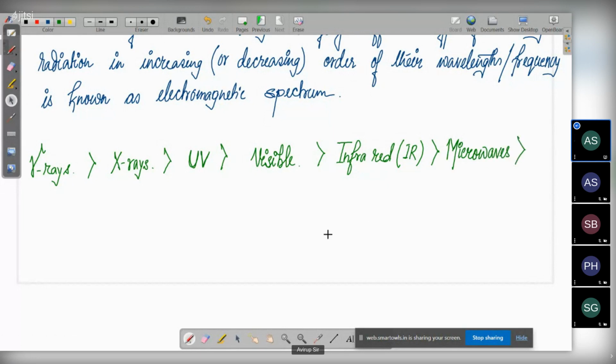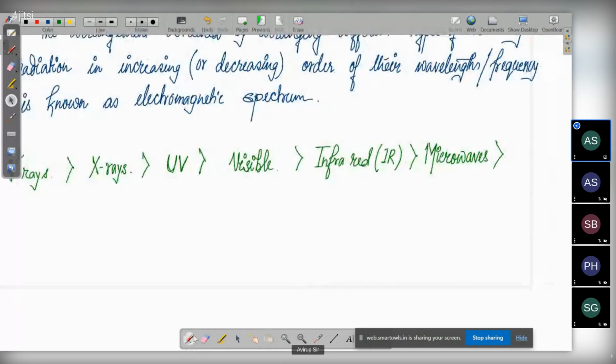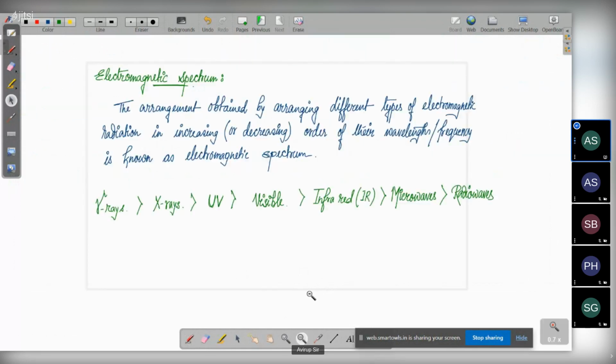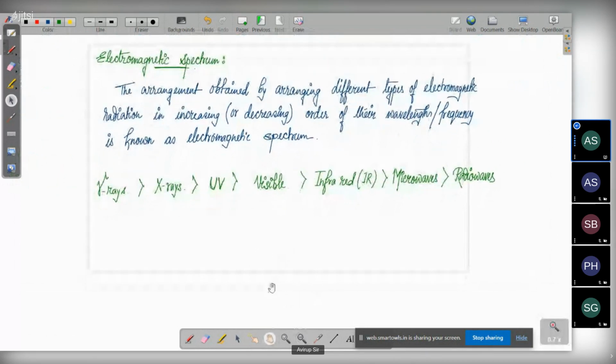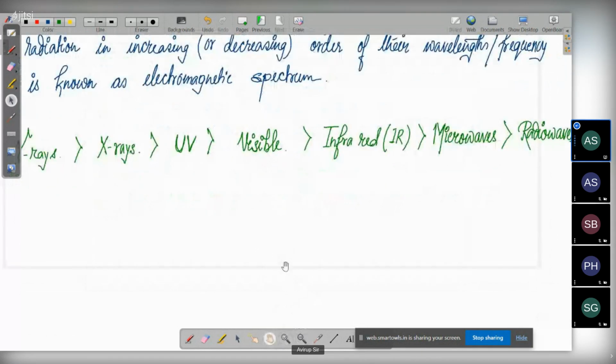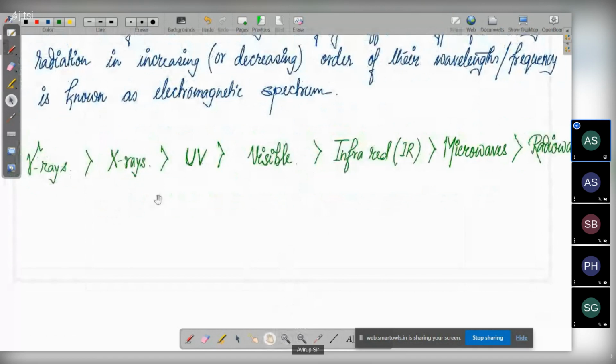And then followed by radio waves. Okay, so this is the electromagnetic spectrum. These are the different kinds of radiations that are present: gamma, X-ray, UV, visible, IR, microwaves, and radio waves. So we have arranged them in an ordered, systematic manner.